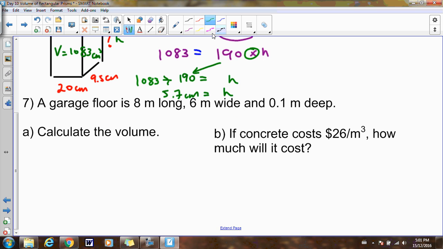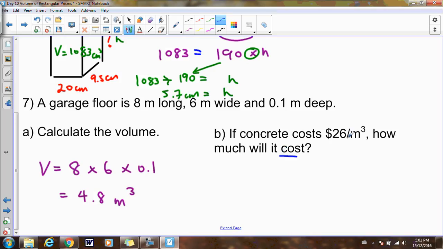Okay, so last question. We have a garage door that's 8 meters long by 6 meters wide by 0.5 meters deep. Same as before, we calculate the volume, length times width times height, equals 4.8 meters cubed. But here they want you to calculate how much it would cost.